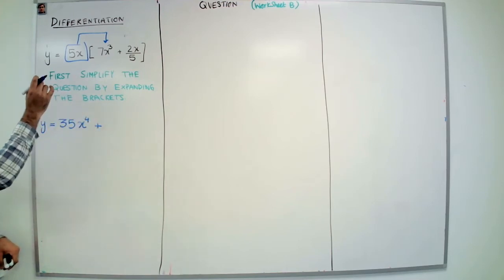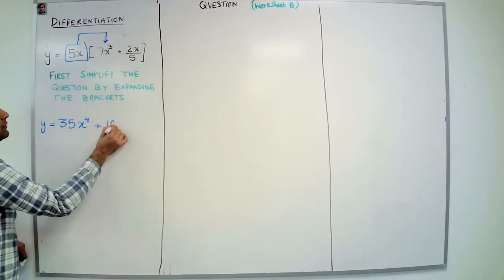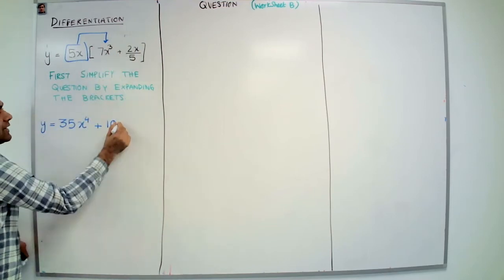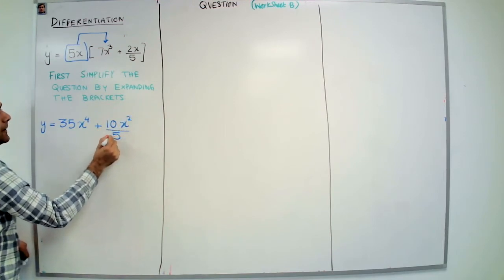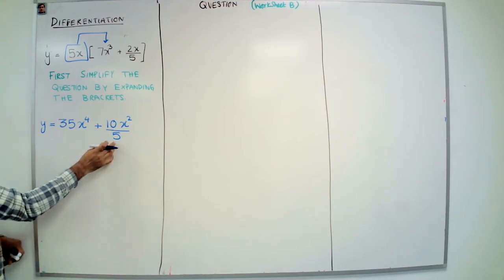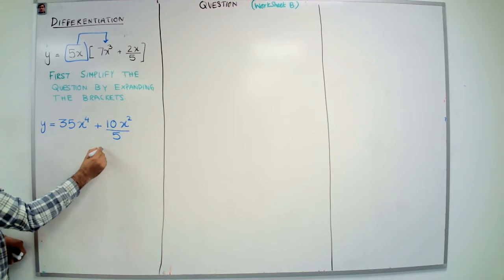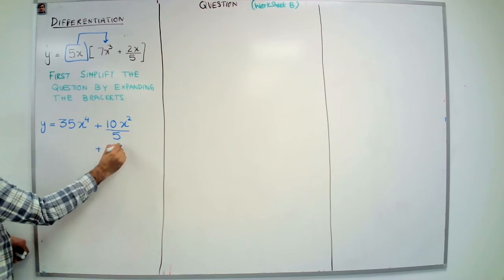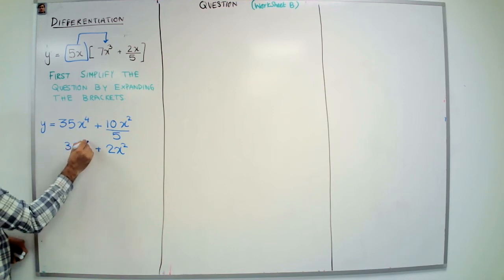Plus 5 times 2 is 10, x times x is x squared. But do not forget this 5 here. This 5 and this 10 will simplify into 2x squared. And that's 35x to the 4.